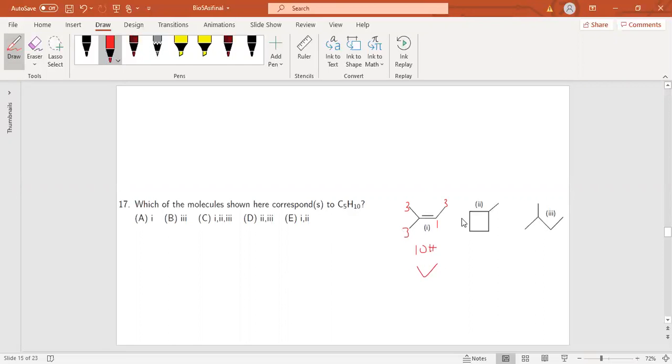So 1 works. 2, we see that we have 2 hydrogens here, 2 hydrogens here, 2 hydrogens here, 1 hydrogen here, right? Because there's 3 things, so the 1 thing would be a hydrogen, and 3 over here. Now this totals up to be 2, 4, 6, 9, and 10 as well, right? So we can see that this one matches our formula as well.